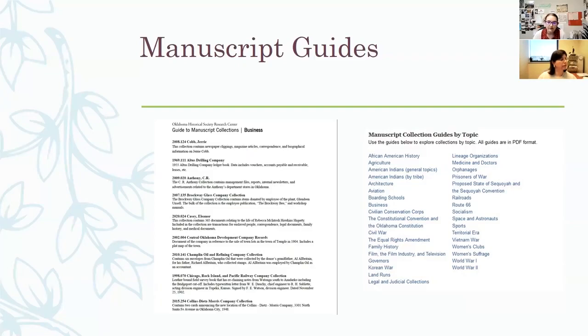But one I chose out that would probably be helpful for a lot of people doing research for historic register nominations and things like that is our business one, and it includes all sorts of ones like C.R. Anthony, and we have things for Sonic, and we have railroads, and there's oil companies and all sorts of things. So you may be able to find links to buildings, or if you're looking for historical context of buildings, this might be a good place to start.